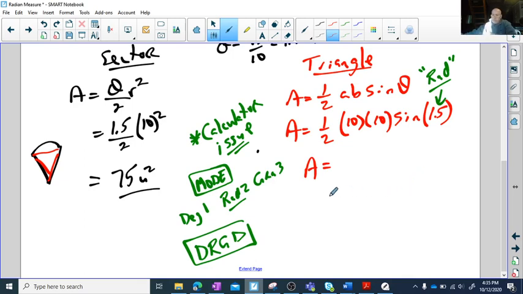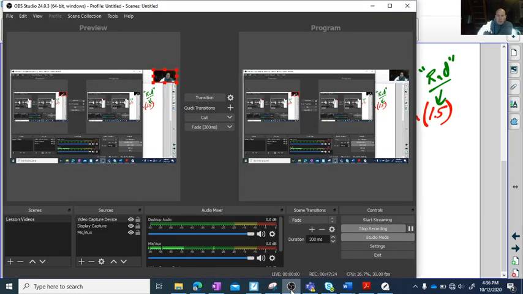area would equal, so it's going to be, trying to do this on my phone, which isn't a great calculator, so bear with me here for a sec. All right, so I just want to double check something here for a second.